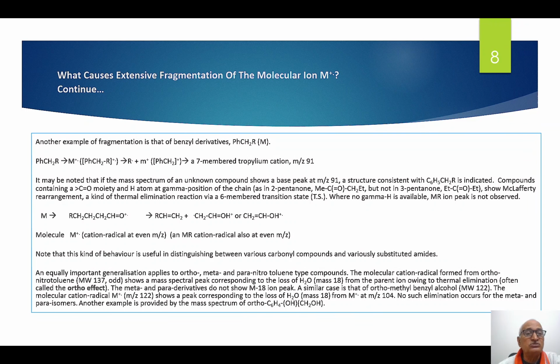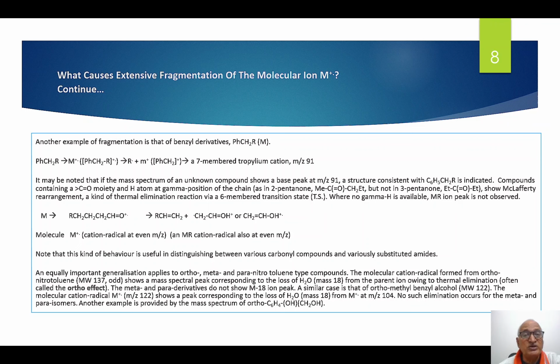Next, we discuss one more example. This is a benzyl derivative that undergoes ionization to produce a molecular cation radical, which undergoes fission, that is cleavage, to produce the benzyl cation. This benzyl cation immediately rearranges to a seven-membered ring tropylium cation, which is more stable due to resonance. Its mass number is 91. Here I would like to tell you a very, very important point.